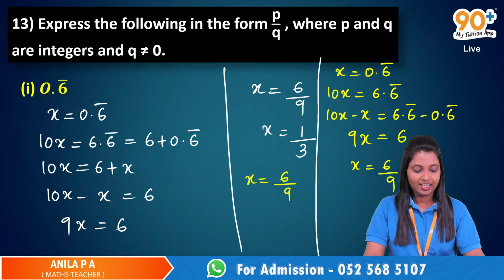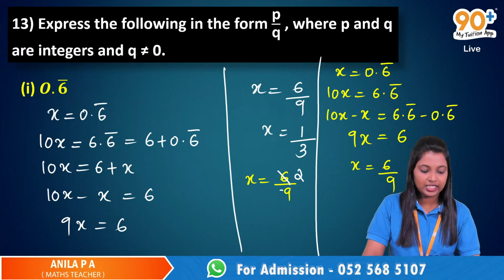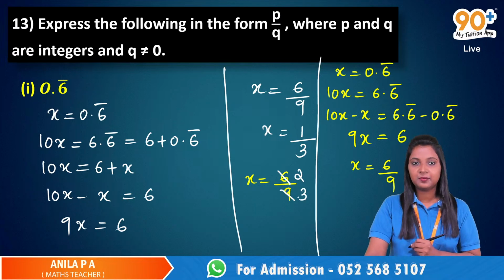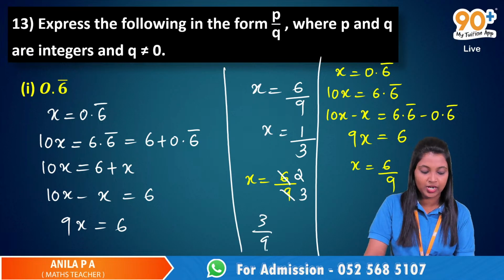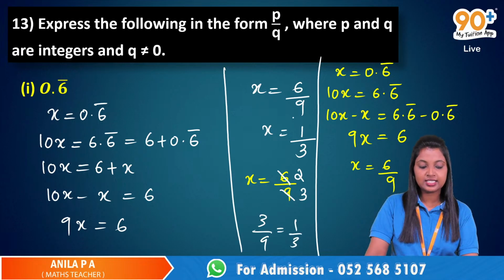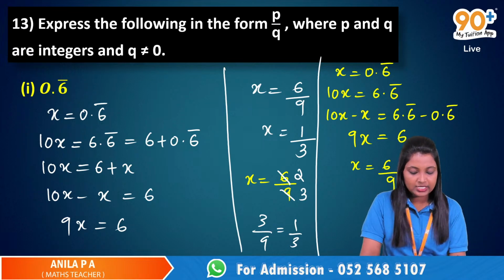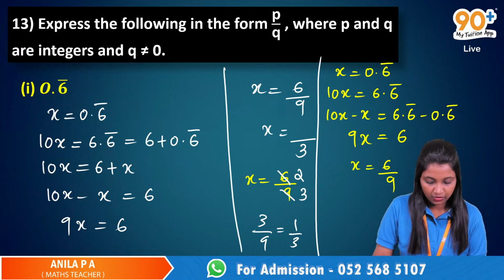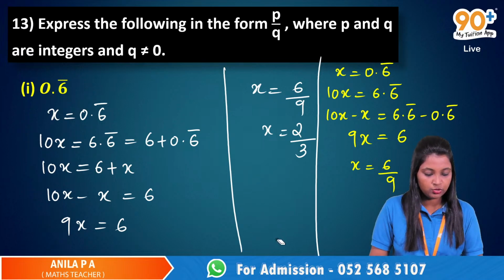And 3 2s are 6 and 3 3s are 9, right? Yeah, it is 2 by 3, not 1 by 3. If it was 3 by 9, it is 1 by 3. But since this is 6 by 9, it is 2 by 3, right? Yes, ma'am. Okay guys, so the answer is 2 by 3, not 1 by 3. Please be very careful while cancelling. So the answer is x is equal to 2 by 3.